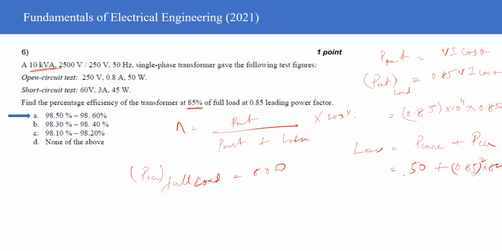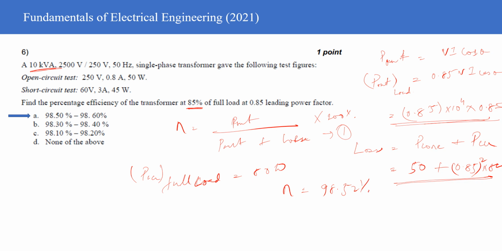So you put these two quantities in this equation. Let me call this equation number 1. You put the P output and the losses in equation number 1, and then try to solve it. You will get the efficiency value as 98.52%, right?